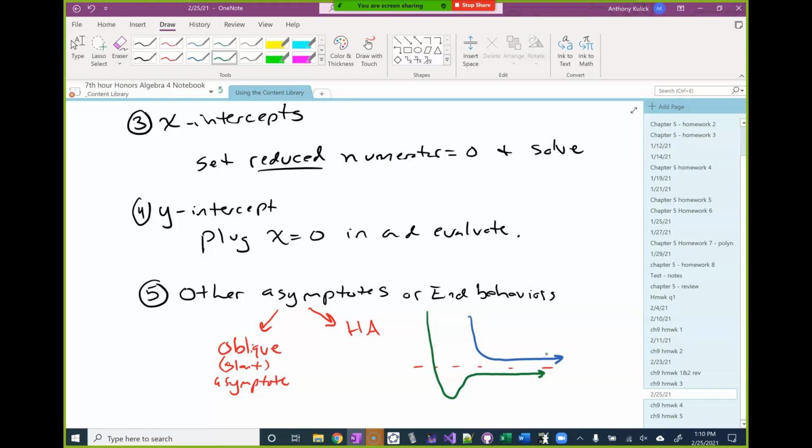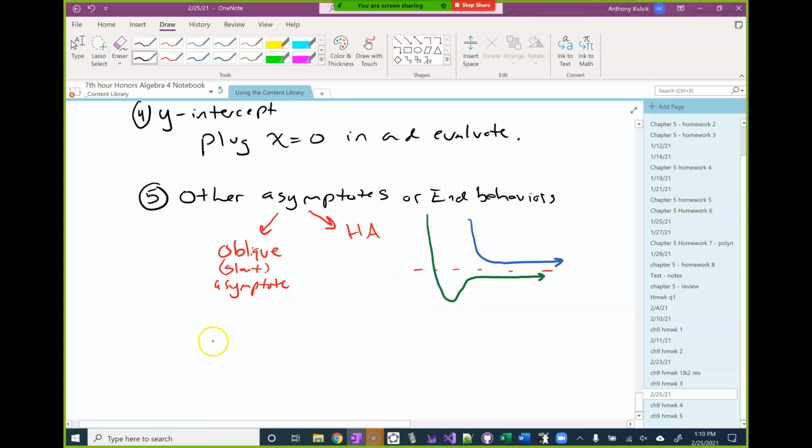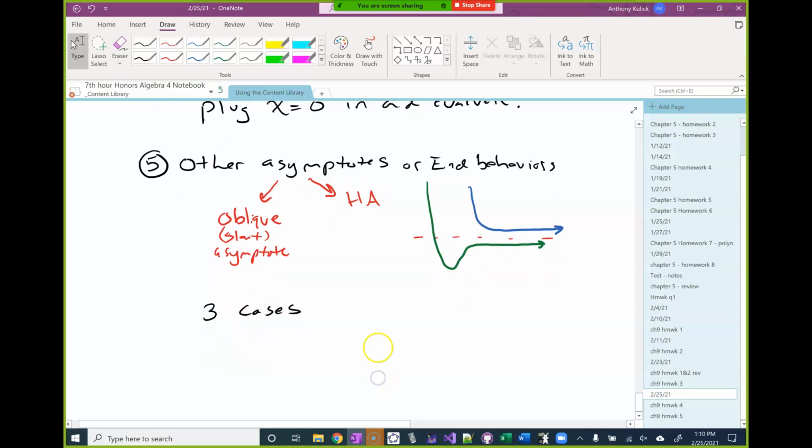So there are three cases here that can happen. If the degree of the numerator is greater than the degree of the denominator, we have the oblique asymptote. And we find this by using polynomial division.